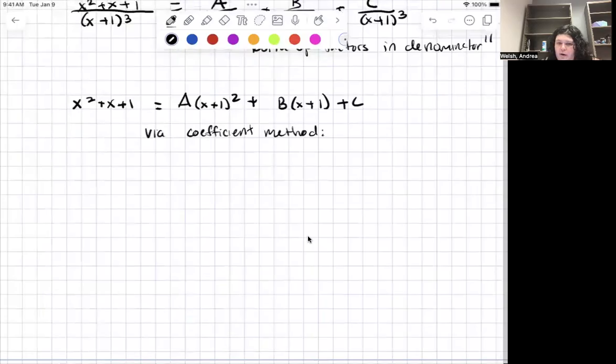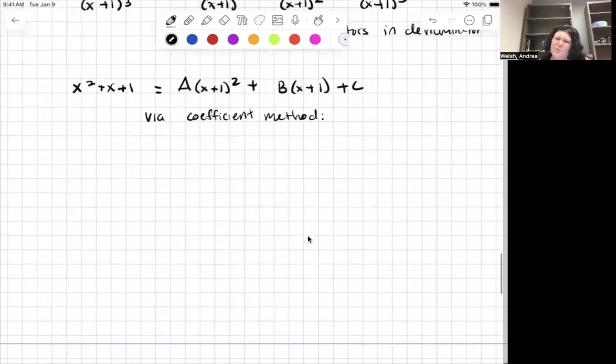They would be the same thing. Notice here that I could pick x equals -1, but after I pick x equals -1, I'm not going to be able to pick another value that makes a 0 anywhere. So that's why the coefficient method might be useful.